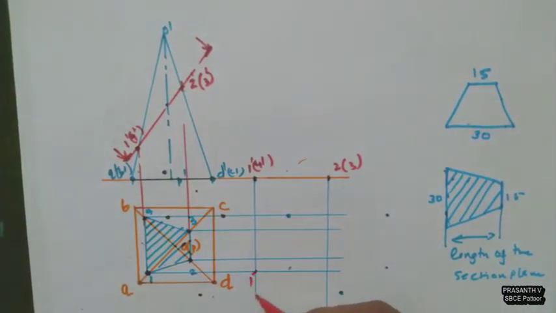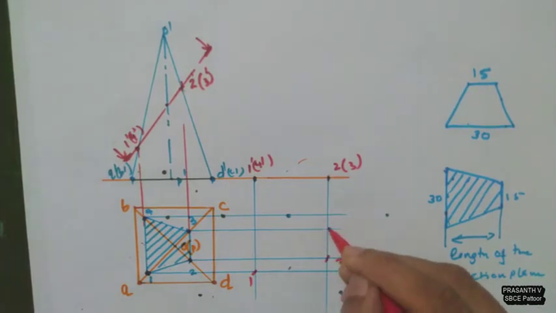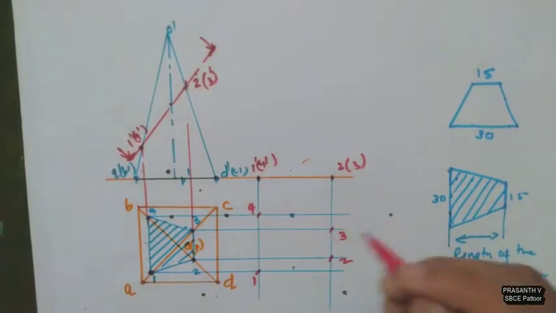This will be 1, this is 2, here it is 3, this is 4.